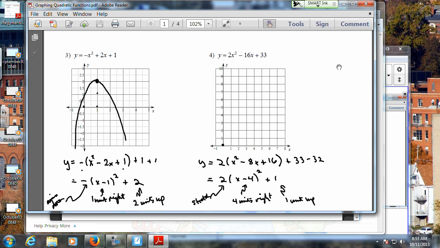Start at the origin, which they would be there on the graph they give. 4 units over, 1, 2, 3, 4 units over, 1 unit up, and scale it by 2, so a little steeper, and I get a parabola that looks like that for that particular quadratic equation. Save this one.